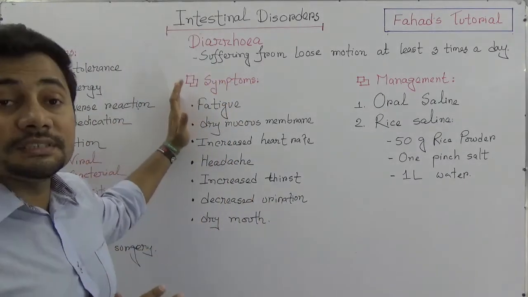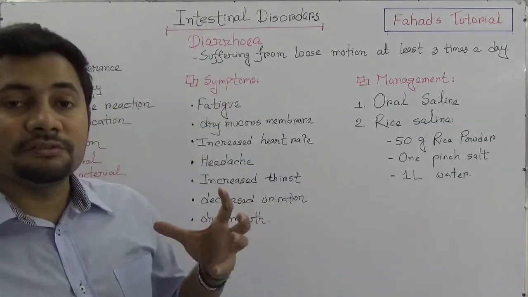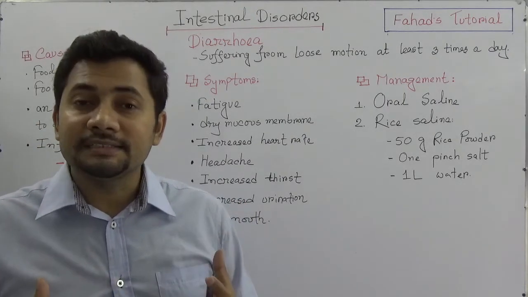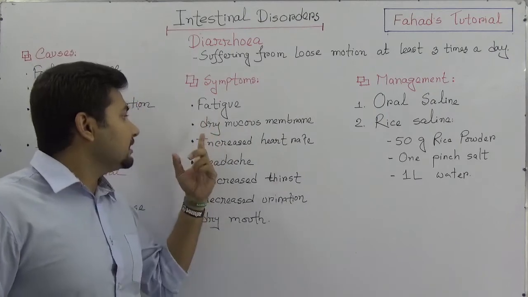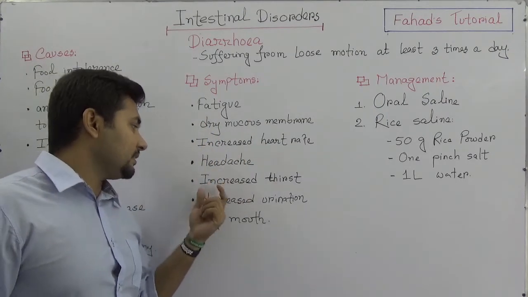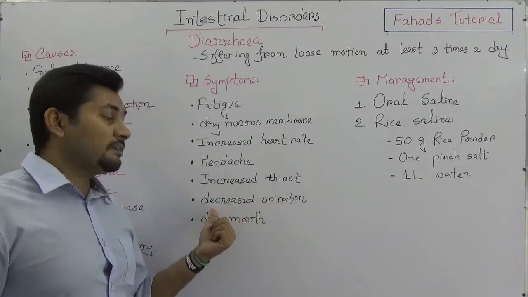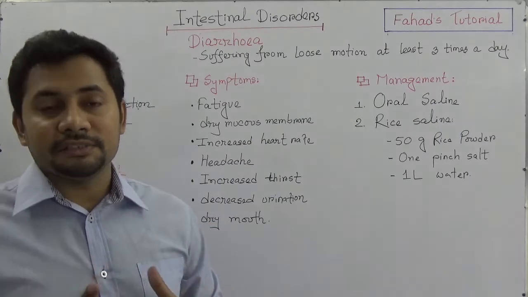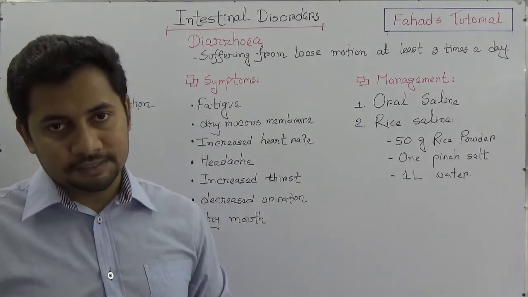Now we think about the symptoms. The mouth will be dry, eyes shrunken, and fatigue, mucous membranes dry, increased heart rate, headache, increased thirst, decreased urination, and this is very noticeable in kids and infants.